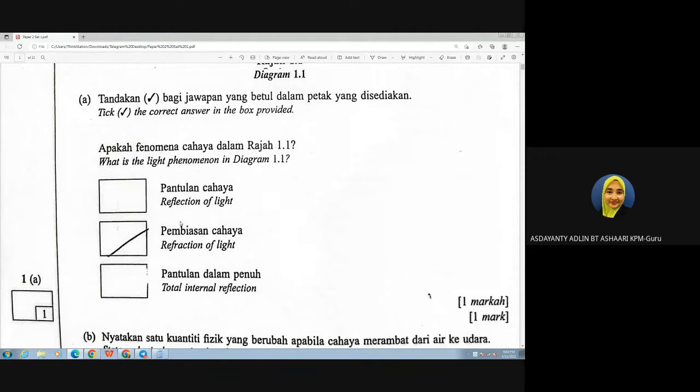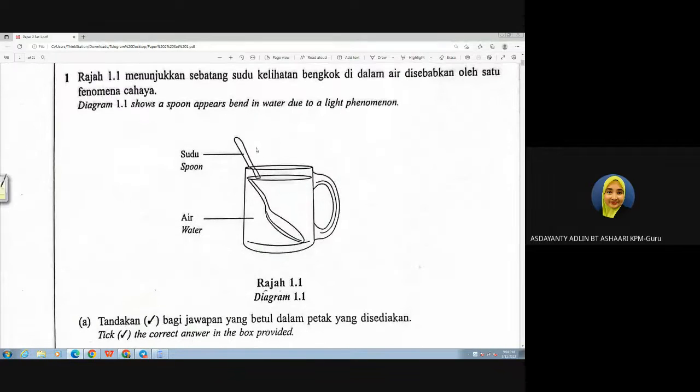Okay, next, state a physical quantity that changes when light propagates from water to air. So what is changed when the light travels from the air to the water? What is changed here? When we have different density, different medium.